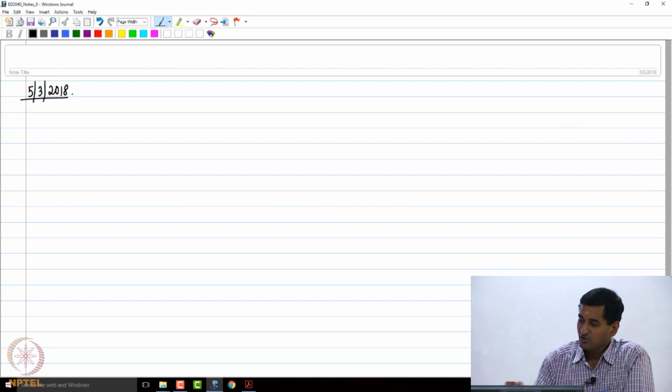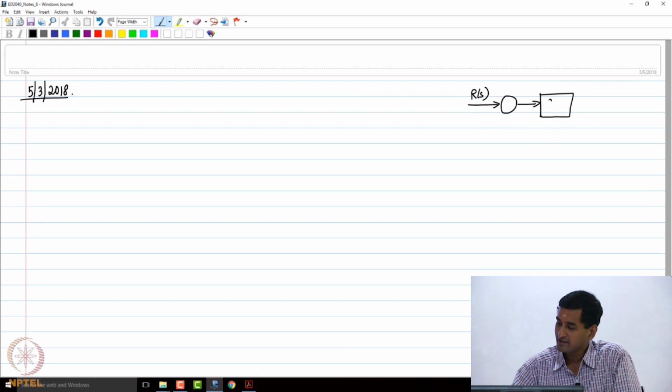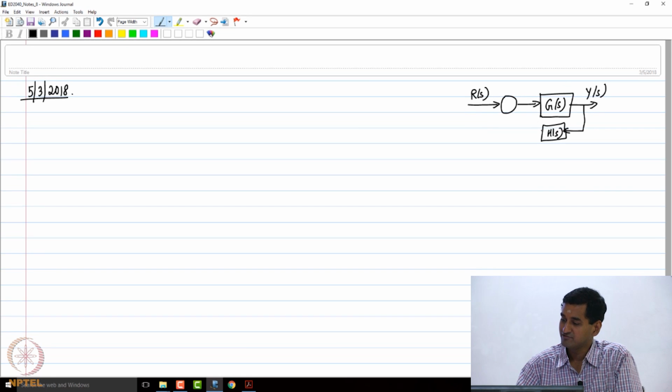If you recall, just to recap what we were doing in the root locus, we consider the basic block diagram, which has been our focus. G of s is the forward path transfer function, H of s is the feedback path transfer function, and let us say we have negative feedback.